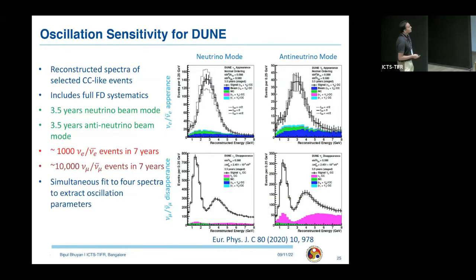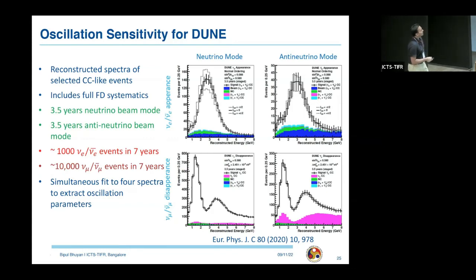So here are some results. This is again based on the simulation that we have done. Here we are looking at the nu E and nu E bar appearance, I mean, for the electron mode, and nu mu to nu E appearance. And here we're looking at nu mu disappearance for both neutrino and antineutrino.